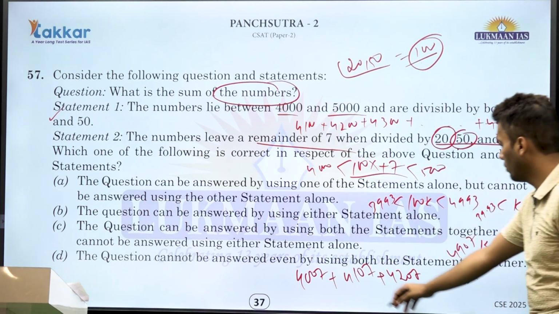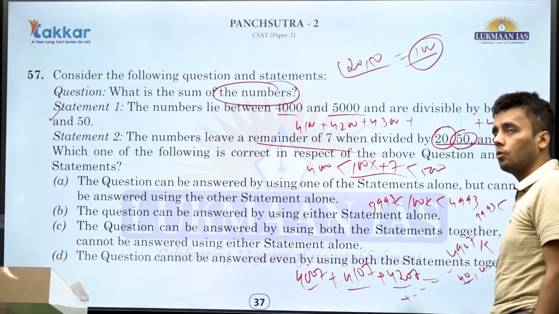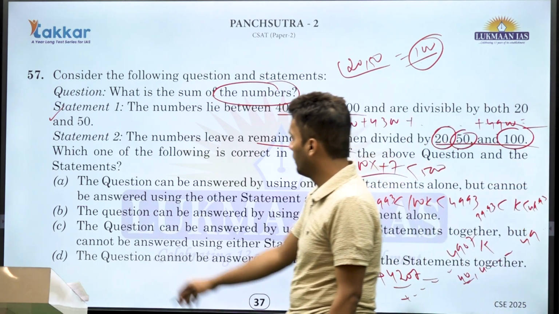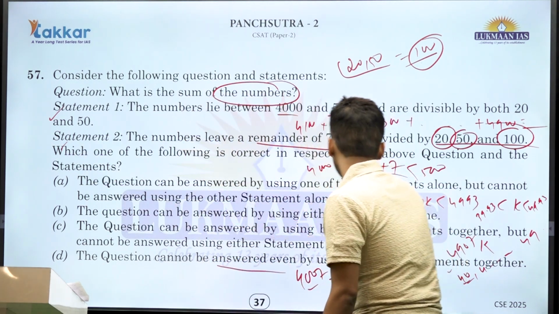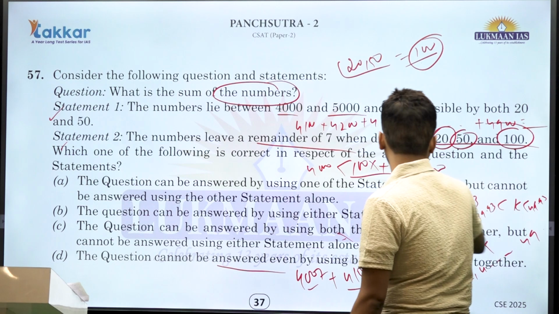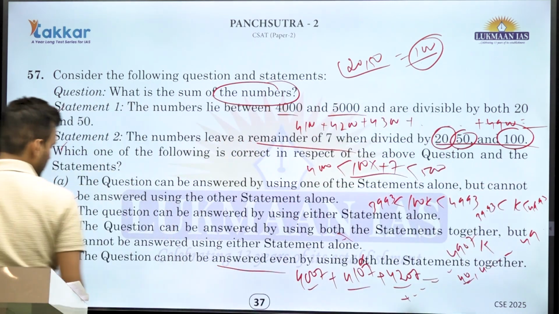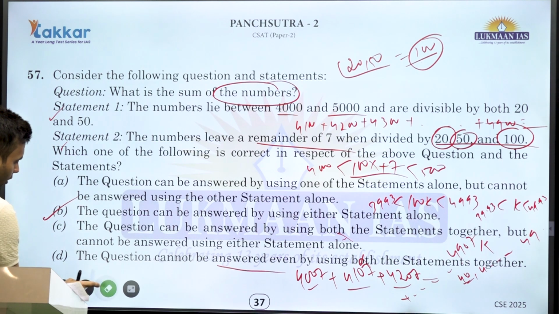You can also find the sum. So statement 2 alone is also sufficient to answer the question, because in both statements we are getting the sum. So the options saying the question cannot be answered are wrong. B is the right answer: the question can be answered using either statement alone. We do not require both statements.